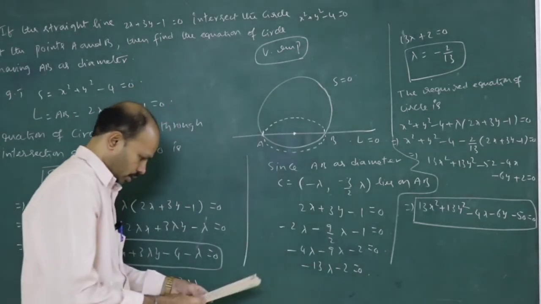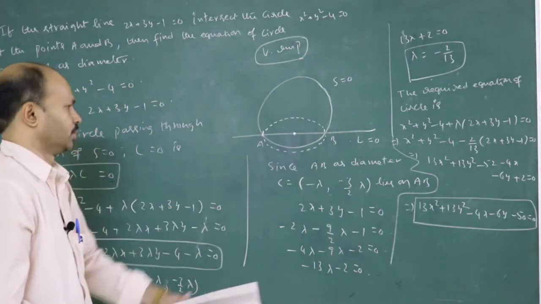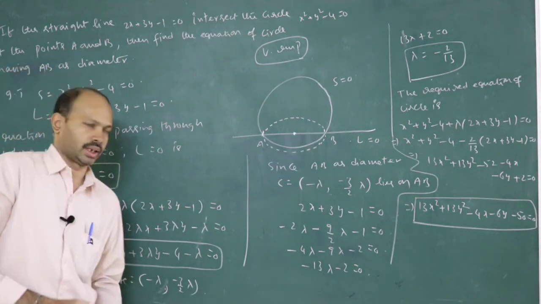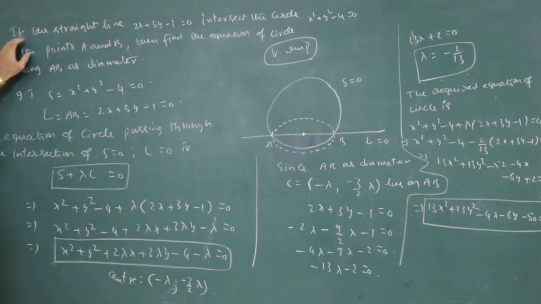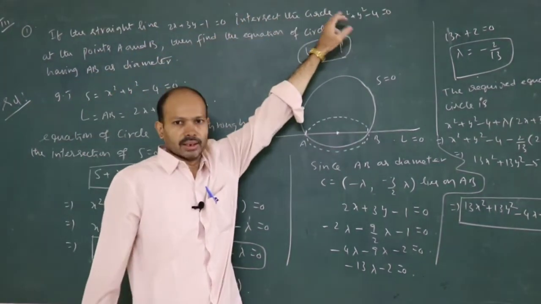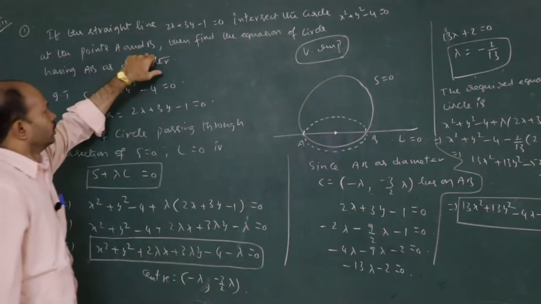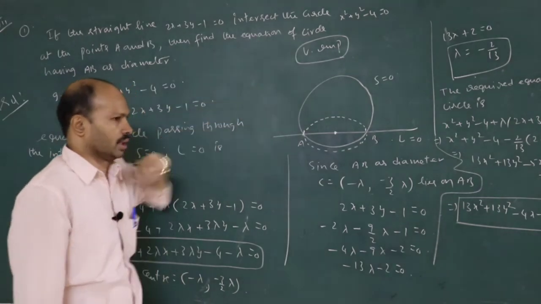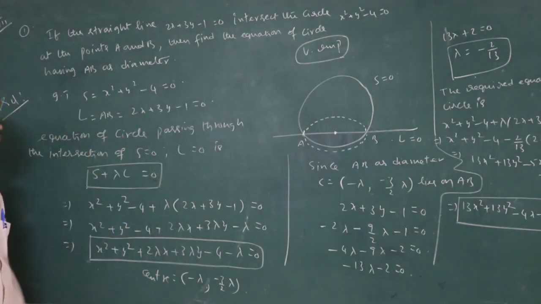What is that equation? 13x square plus 13y square minus 4x minus 6y minus 50 is equal to 0. Exactly correct. Let us recall the solution once. If the straight line AB intersects a circle at two different points A and B, then we need the equation of circle where the line AB is its diameter.